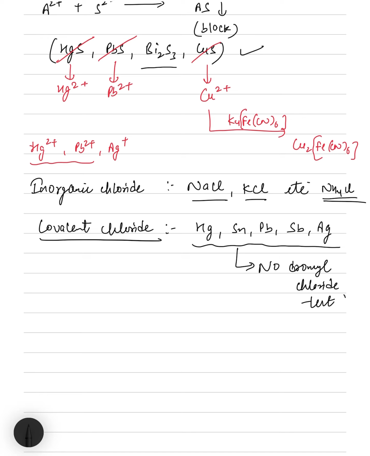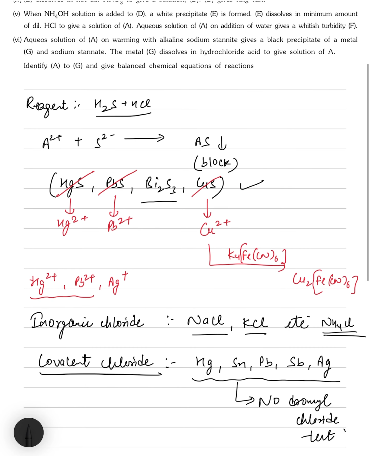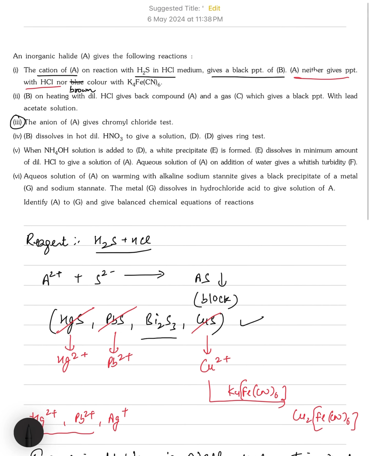That means we can eliminate lead and mercury here also. Lead and mercury are eliminated already, and copper was eliminated because the cation is not giving the brown color with K4[Fe(CN)6]. That leaves us with only one option, the Bi3+ ion.